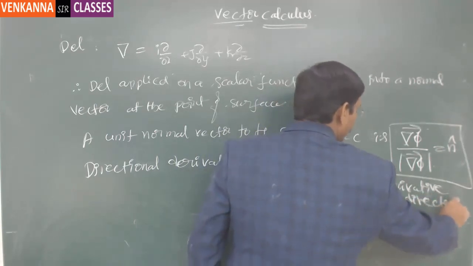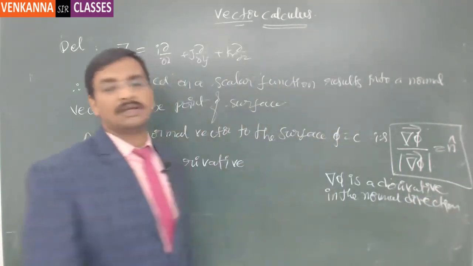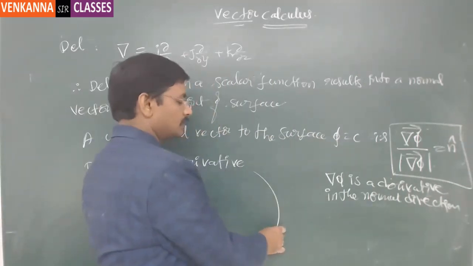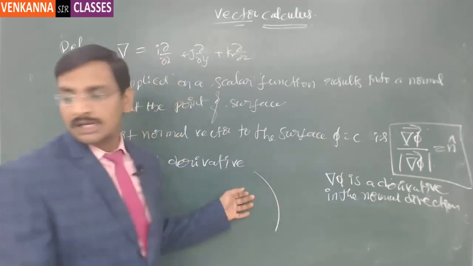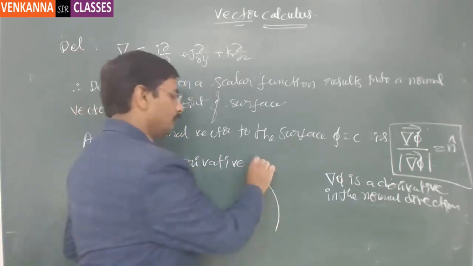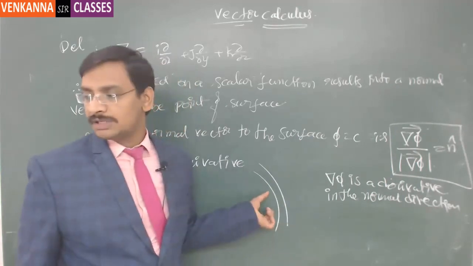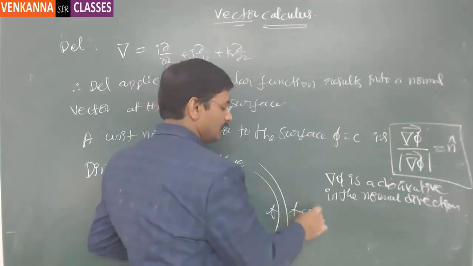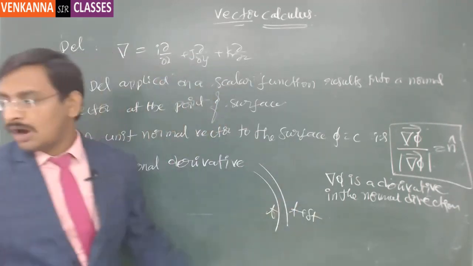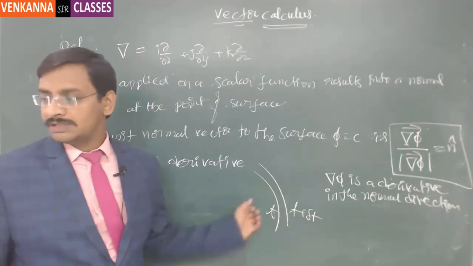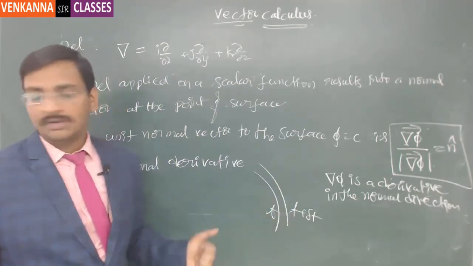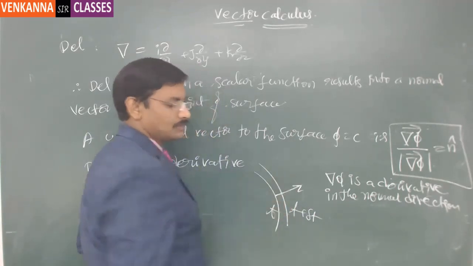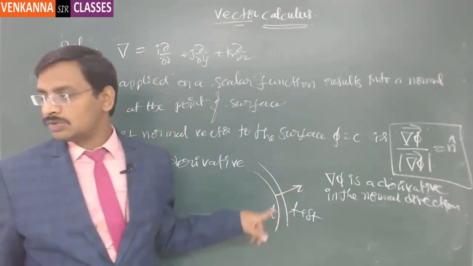Now you want to find the derivative value in a specific direction. Suppose there is a surface like this that keeps expanding. Let us say this is another surface, a new surface after a certain time. Initially it is at t equal to 0, and this is at t plus delta t. On this new surface, the expansion will obviously be maximum along the normal direction to the surface.